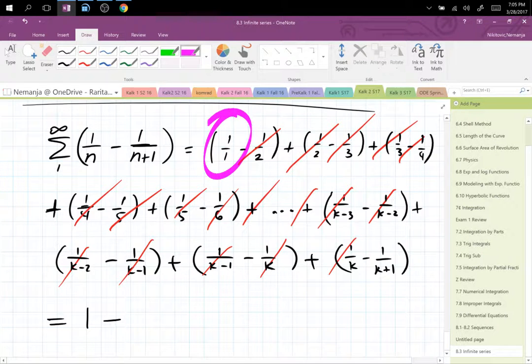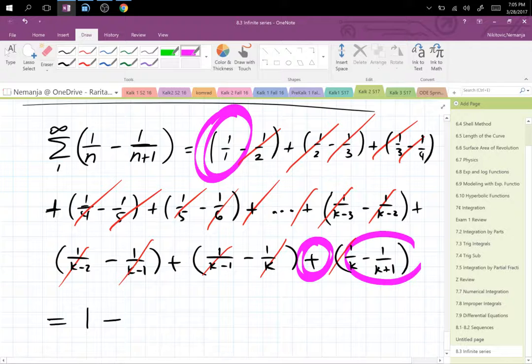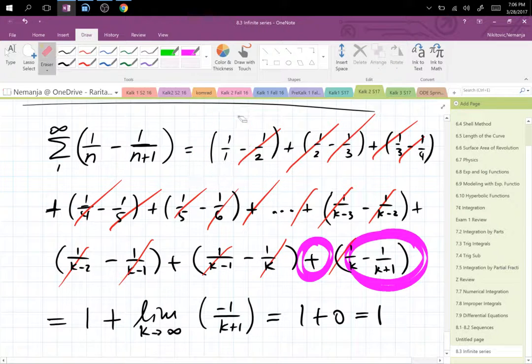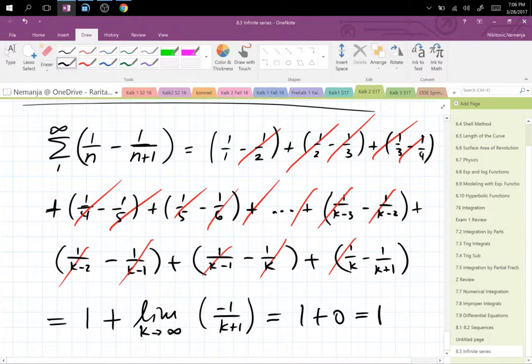Let me just circle the 1, plus the limit as k goes to infinity of negative 1 over k plus 1. Now that happens to be 0, so the whole thing adds to 1. I just added infinitely many numbers.